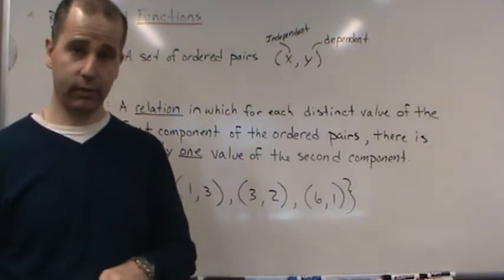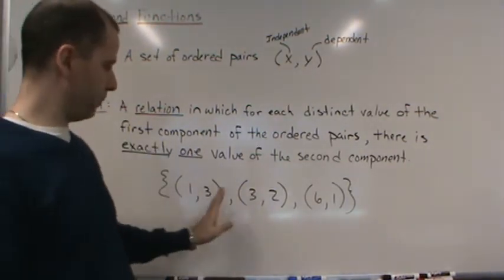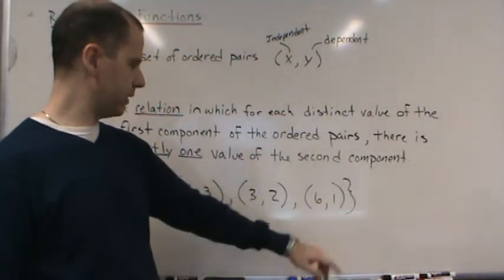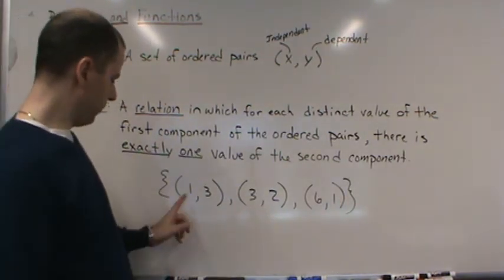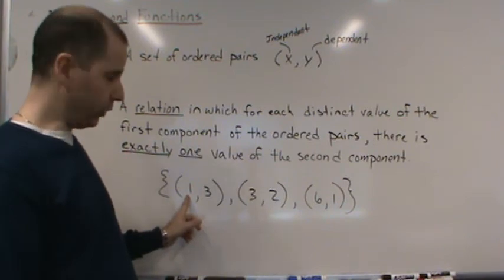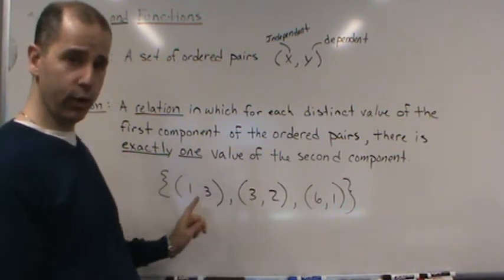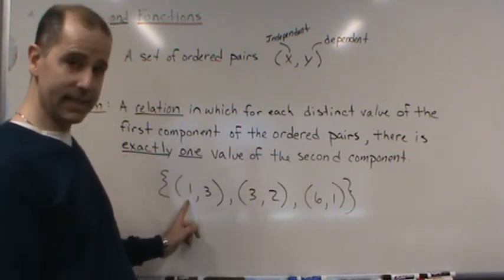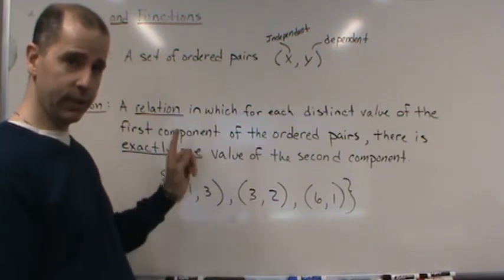Now, is it a function? The easiest way, when you have a set of ordered pairs like this, is to look at the x variable and ask yourself, is there more than one ordered pair that has the same x value but different y values?